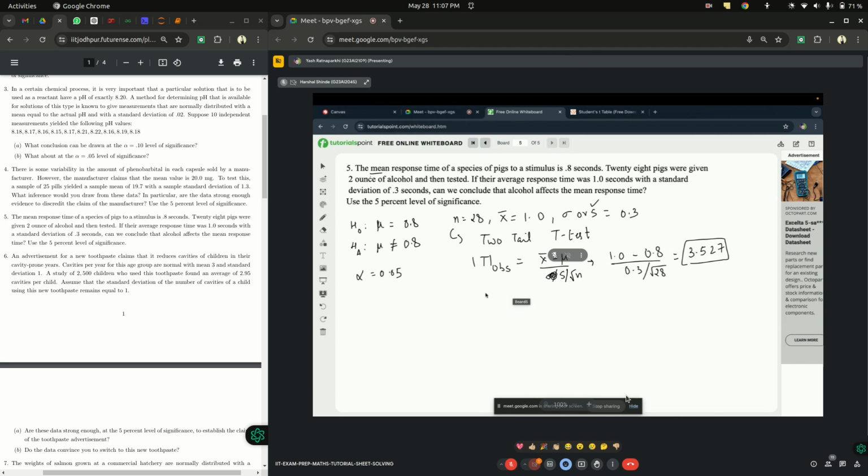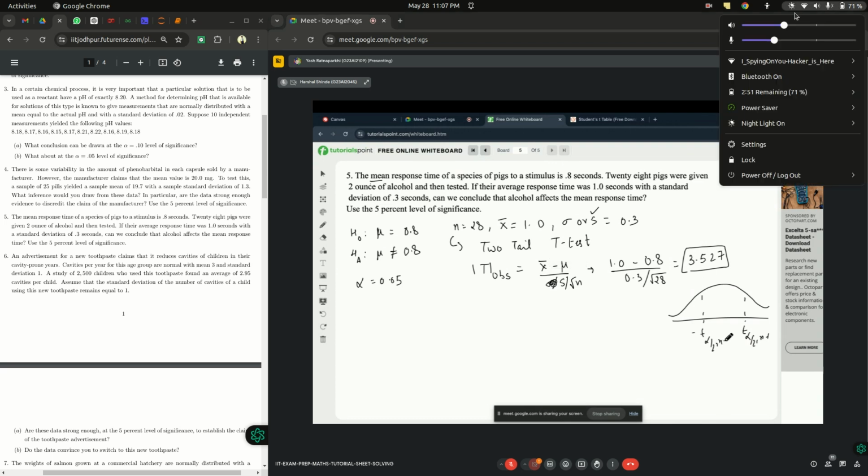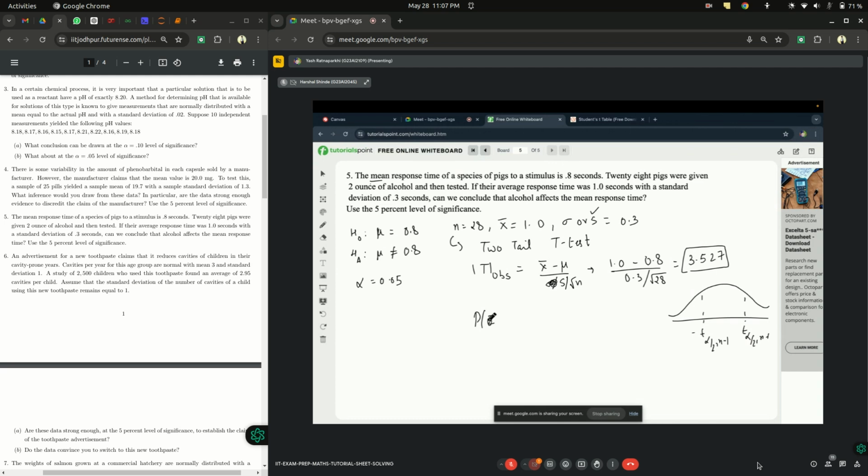So now I'll go for the critical point. T alpha by 2, n minus 1. So T of 0.025, 27. What is T alpha by 2?